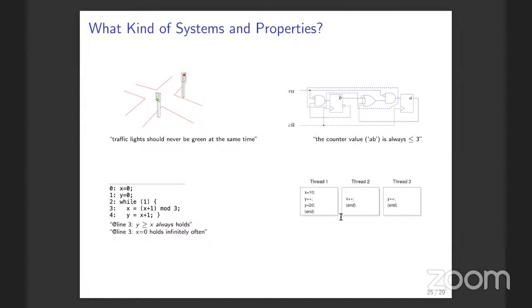Let's suppose that in the initial state, there are 2 variables, X and Y, both of which are shared among the 3 processes executing in the 3 threads, and X and Y are initialized to 0.